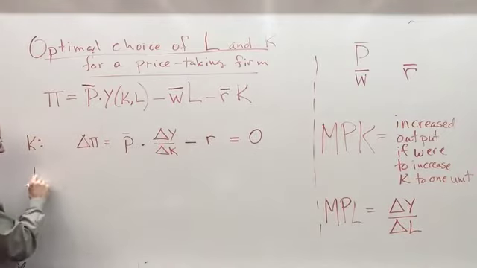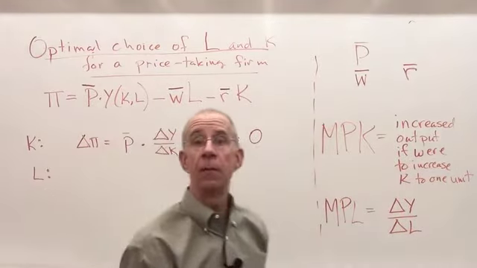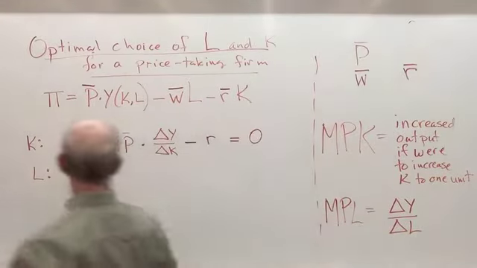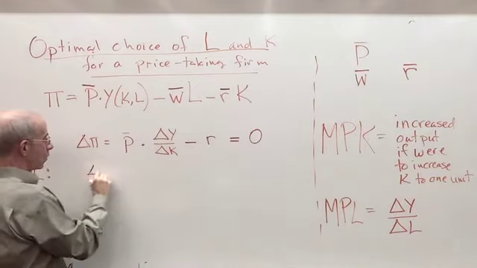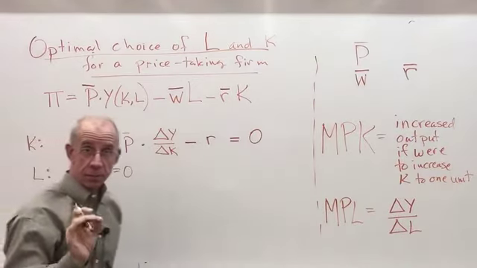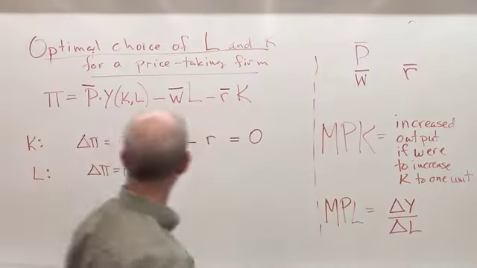We have an analogous situation for the choice of labor. Here, we want to choose labor so that the change in profits is zero. We're going to pick just the right amount of labor to get that.